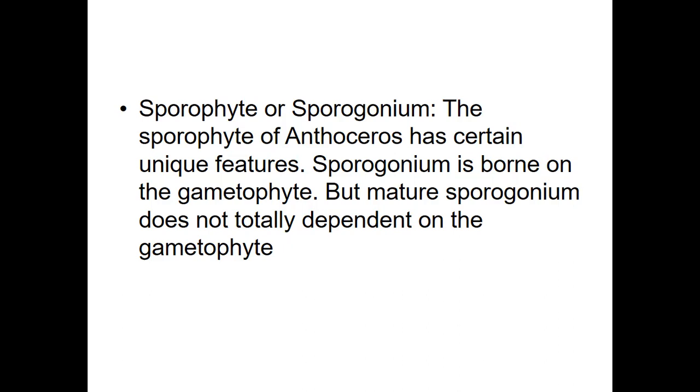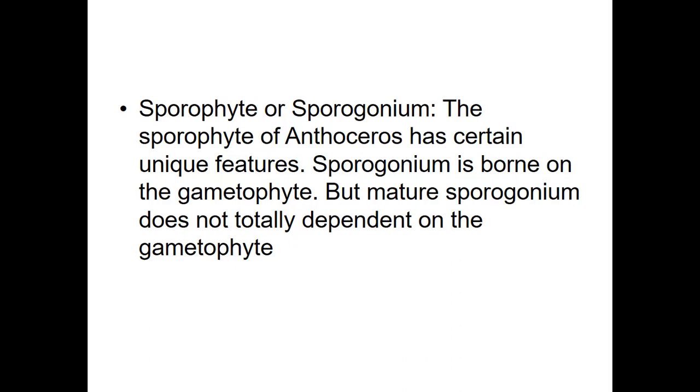When the spores are released, the spore itself will develop into a gametophyte. So remember these two important points: the zygote is the starting cell of the sporophytic generation, and a spore is the starting cell for the gametophytic generation.